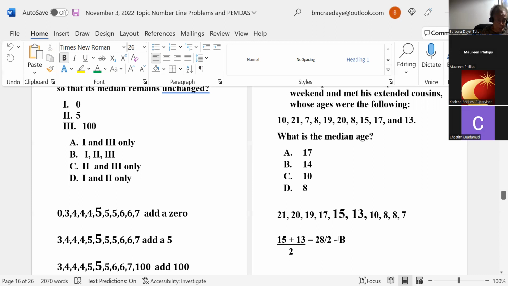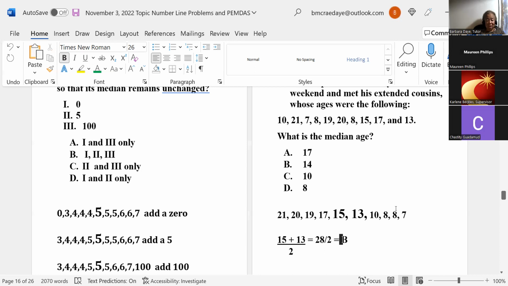But if we did the other way around, it would be the same thing or no? You mean if you put it in increasing order? Yeah, like the way I was doing it. Yeah, if you put 7, 8, 8, it comes out the same. Doesn't matter. You could go from high to low or low to high. You'll get the same median. I tend to like to put high to low.